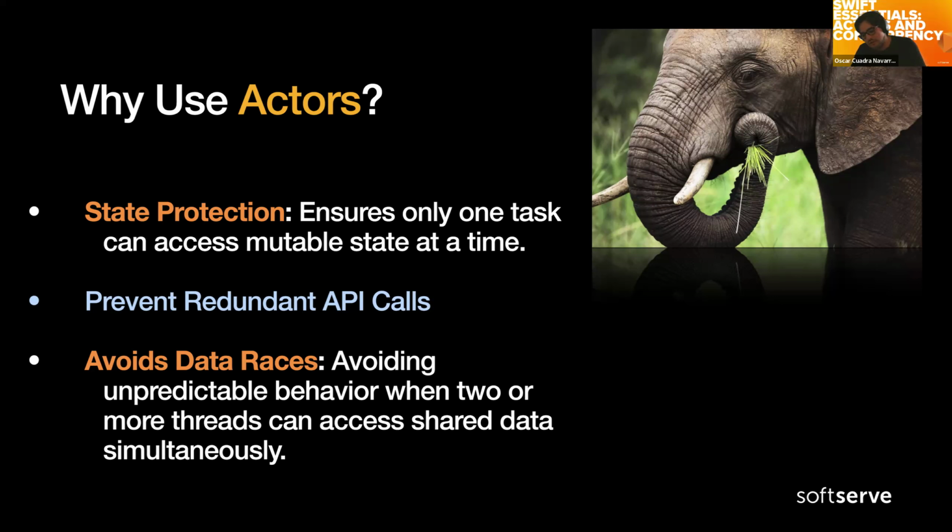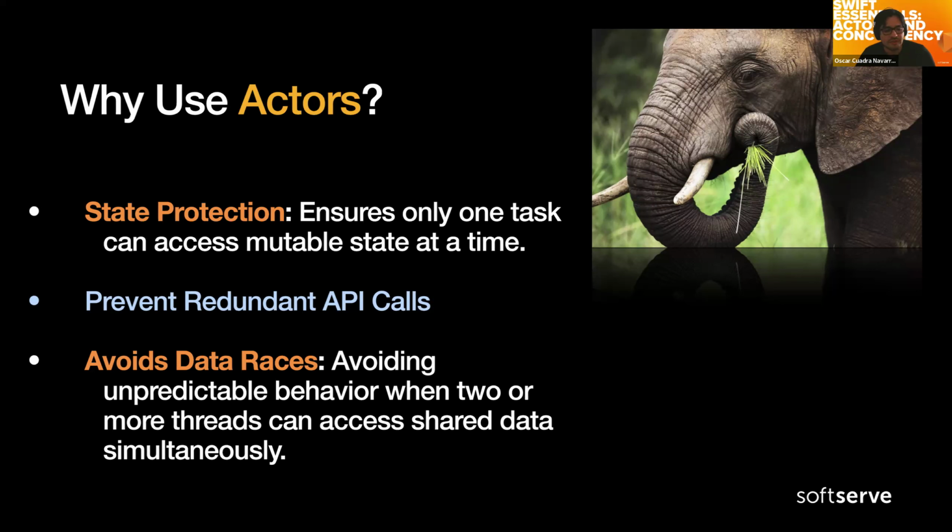Every time we call this queue manager, the calls to the API will run one at a time. So we can avoid redundancy: if you want to download images and you are running the same process multiple times, you can see in the code that you triggered the same call multiple times. You can avoid that with actors, and they help us with data races.